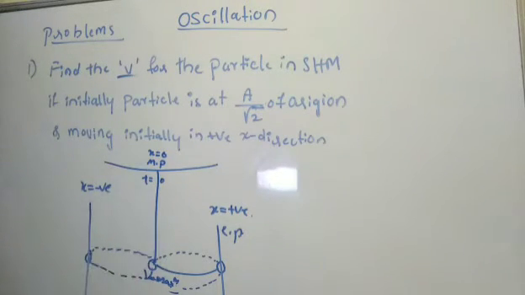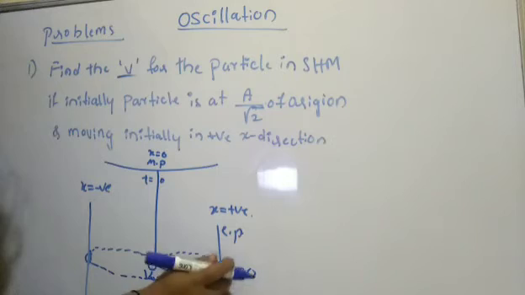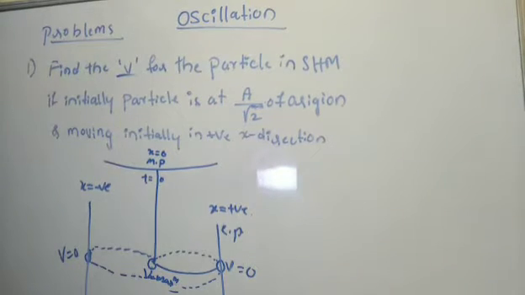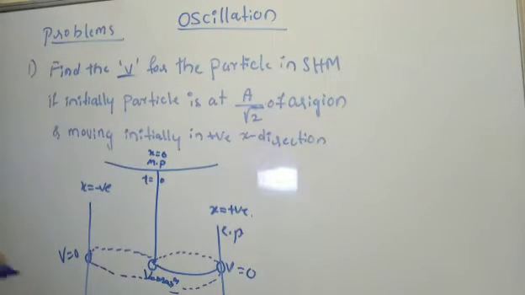At the extreme position the velocity will be 0, meaning almost negligible. Whether the extreme position is in the positive or the negative direction, it will be 0 only.